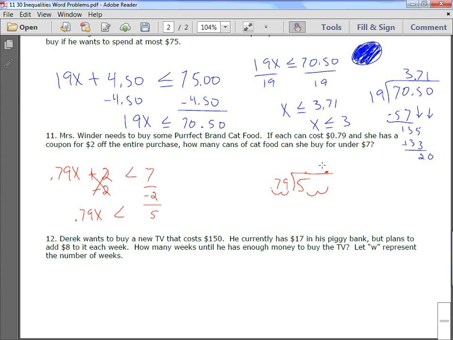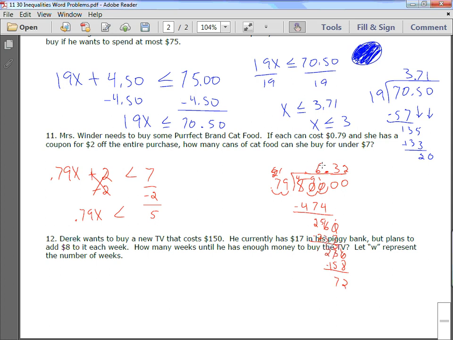So 6 times 9 is 54, and so on, and that leaves us 6.32 cans.